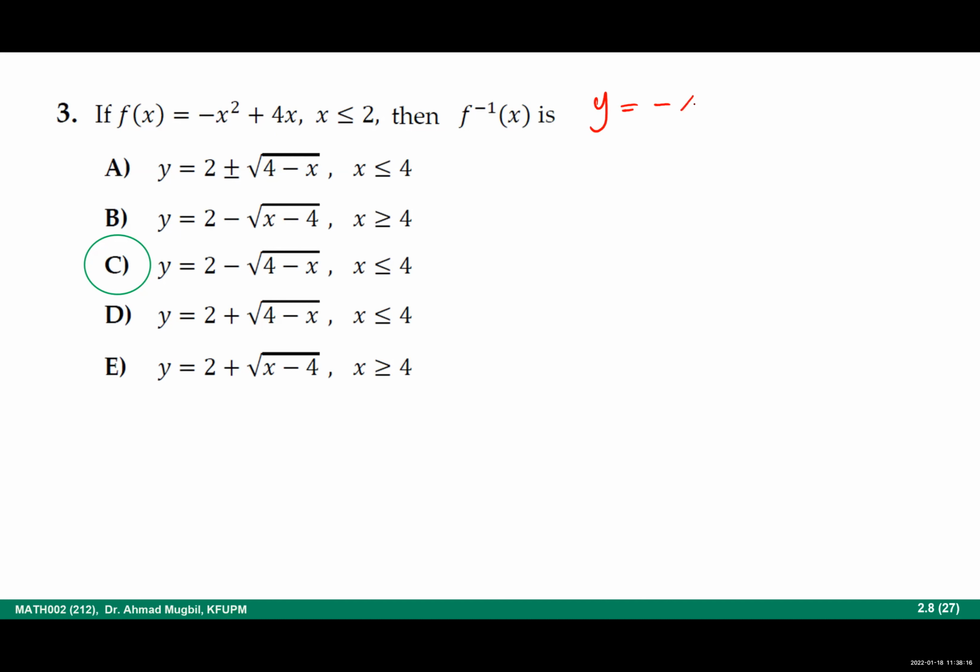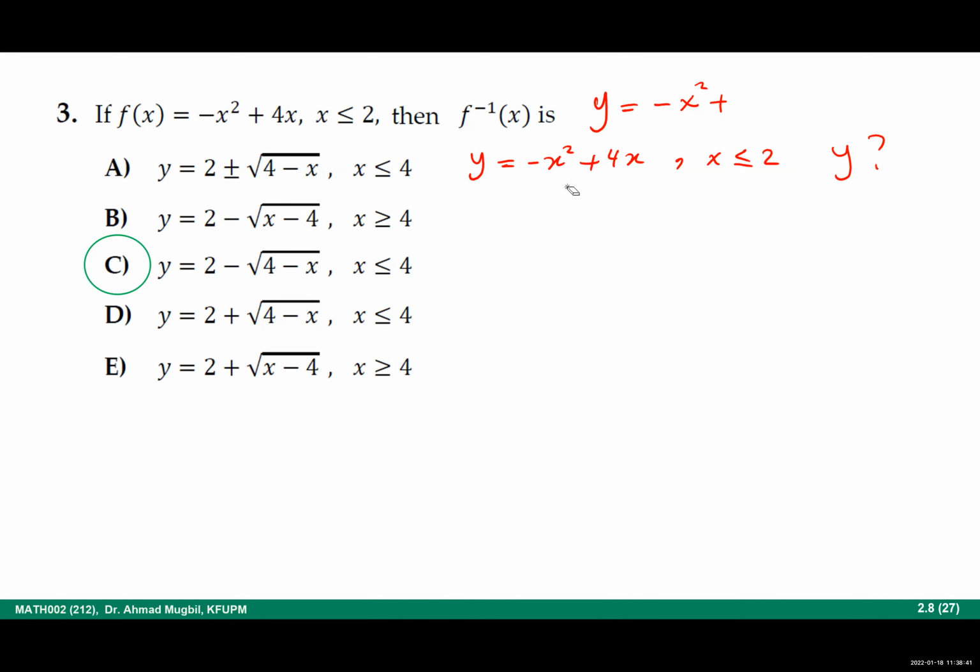So it will be negative x squared plus 4x, and x is less than or equal to. Unfortunately, you cannot decide about y yet, because it is important to know what y is. But when the function is like this, you cannot. It is a quadratic function, so you need to complete the square.